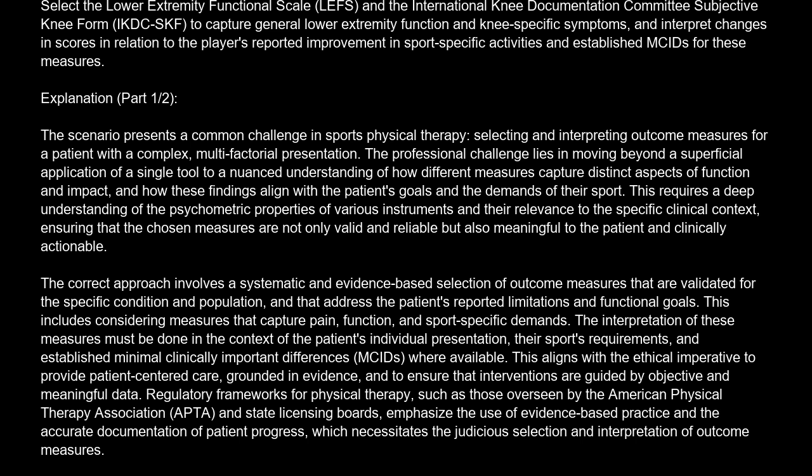Regulatory frameworks for physical therapy, such as those overseen by the American Physical Therapy Association, APTA, and state licensing boards, emphasize the use of evidence-based practice and the accurate documentation of patient progress, which necessitates the judicious selection and interpretation of outcome measures. An incorrect approach would be to solely rely on a single, broad outcome measure without considering its specific limitations or the patient's unique needs.